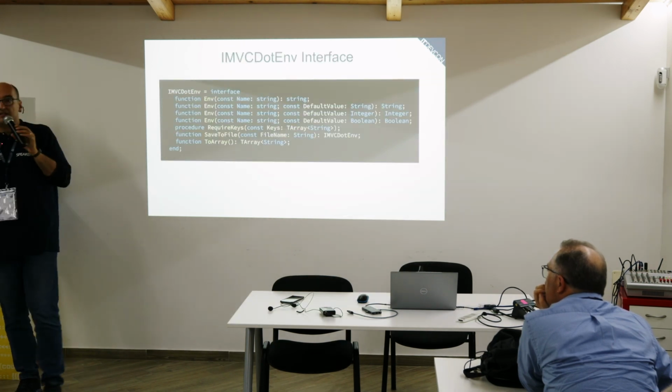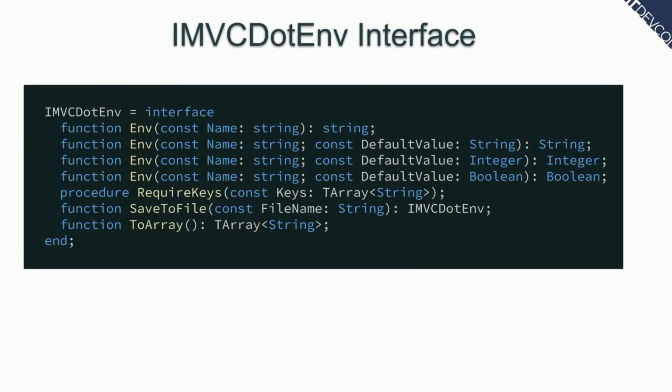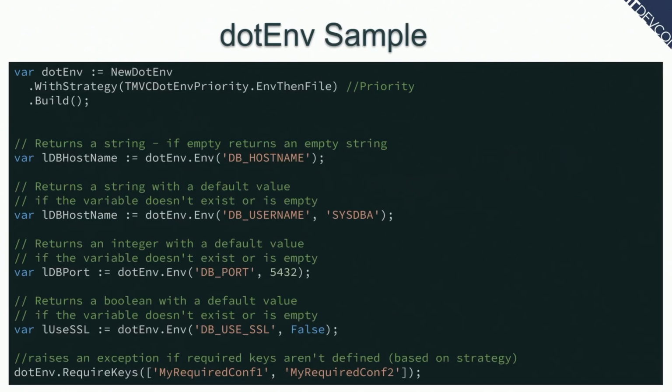This is the interface to read this stuff. You can read with this env the contents of the merged env, all the profiles, with expansion and so on, or just use the env to read the operating system variables. This is sample code that could be used also for a VCL application, FireMonkey, anything.